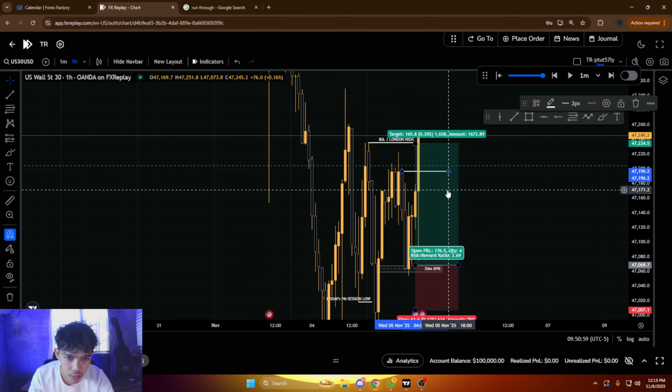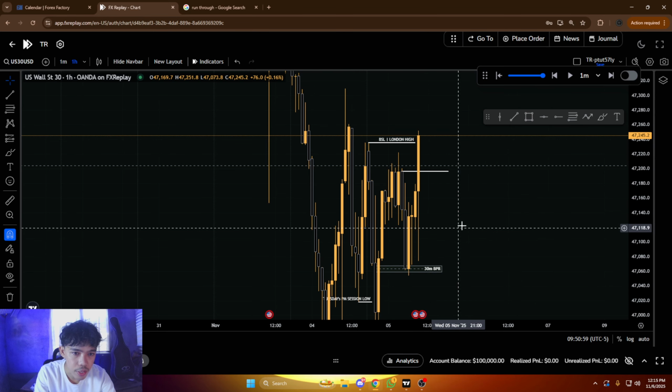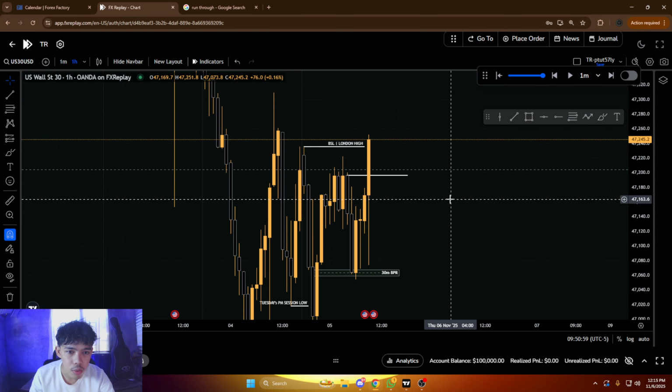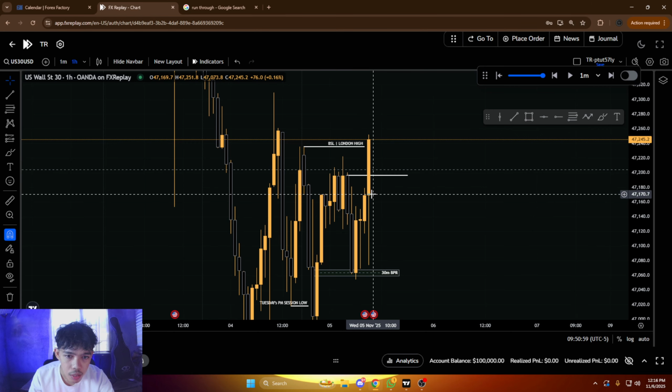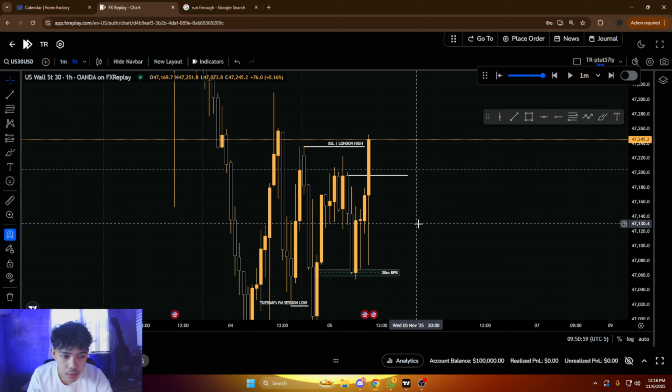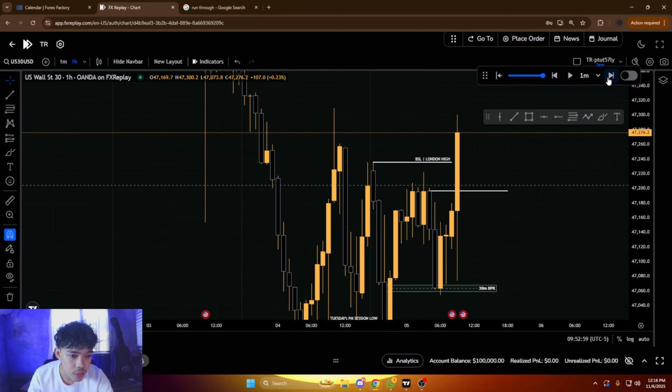So a change in state of delivery dito sa 1 hour. So I was waiting for a candle close above this opening price, which means we will know at 10 o'clock open. Kasi at 10 o'clock mag-o-open yung bagong 1 hour candle eh. So I waited for the 10 o'clock.